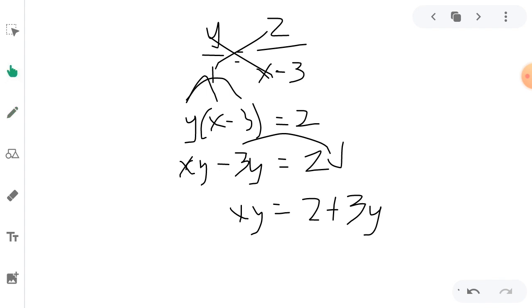Nandito na ngayon yung ating variable na x and y, and then nalipat na rin natin yung 3y. Next step is we need to divide both sides by y para matira yung ating variable x. So the value of our x now is 2 plus 3y all over y.